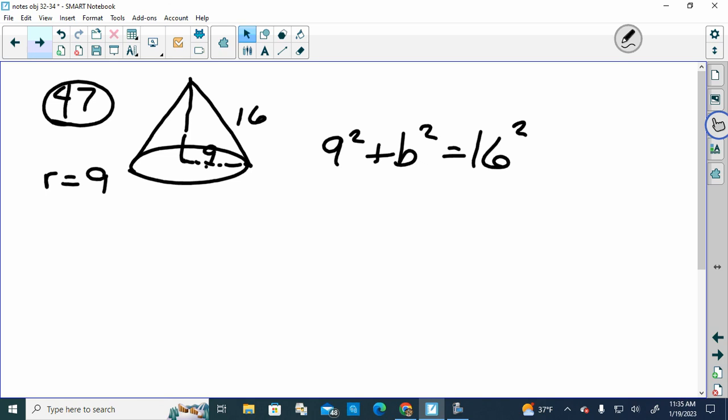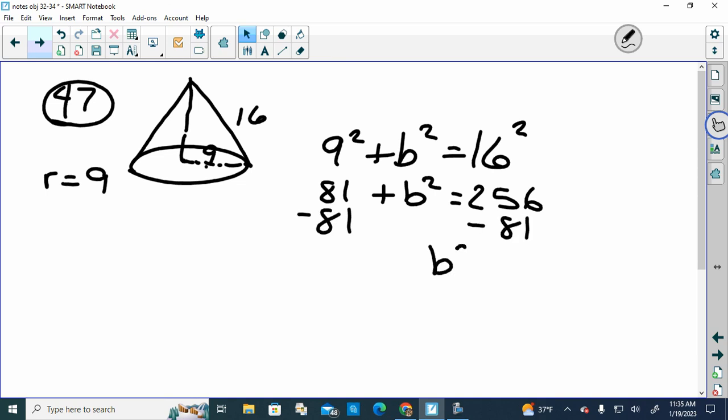Squaring 9, which is 81. Squaring 16 is 256. Okay, what's my next step to solve? Subtract the 81. So b squared equals 175.